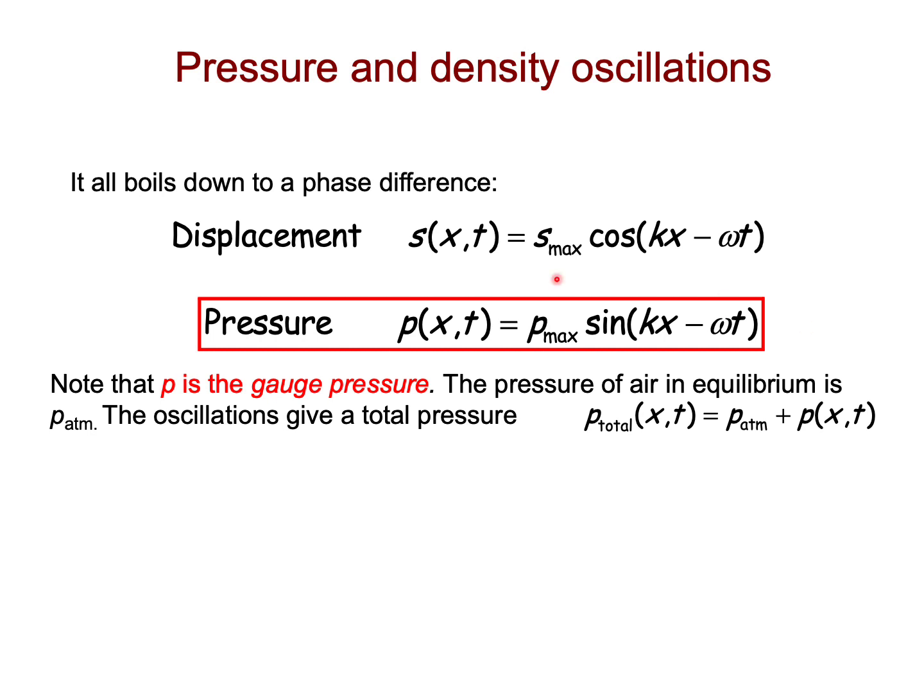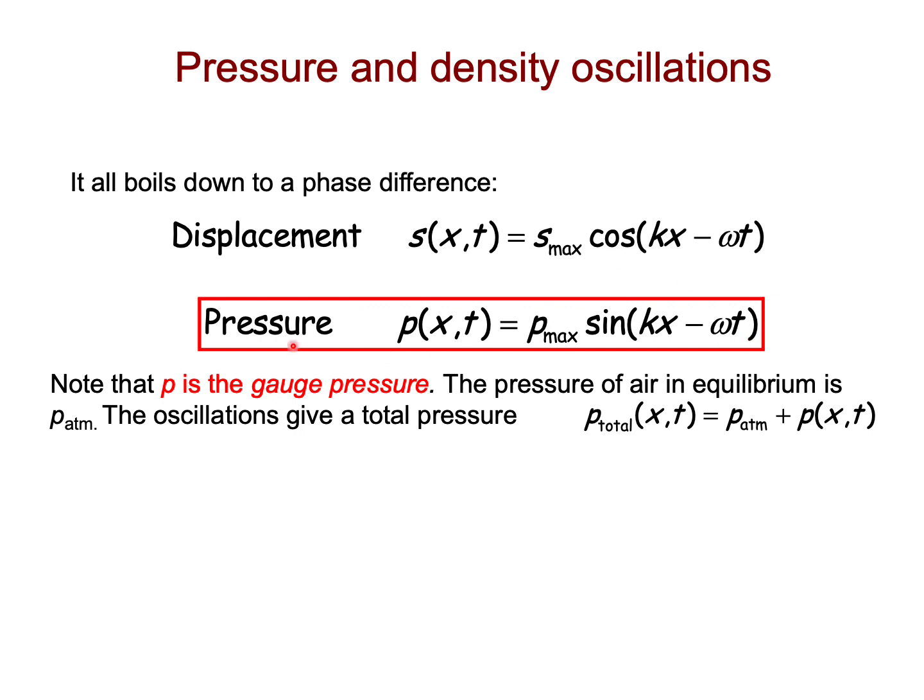Now, I want to bring to your attention that when we're talking about the pressure here, we're talking about the gauge pressure. No matter what in this problem, there is an ambient air pressure of 1 atmosphere. But where the air is compressed, that pressure is a little bit higher than an atmosphere, and where the air is stretched out, that pressure is a little bit lower. So the total pressure, P, is equal to atmospheric pressure plus the gauge pressure.